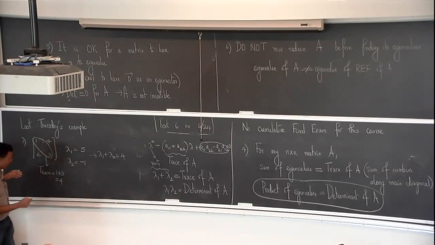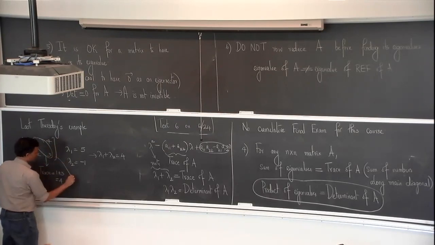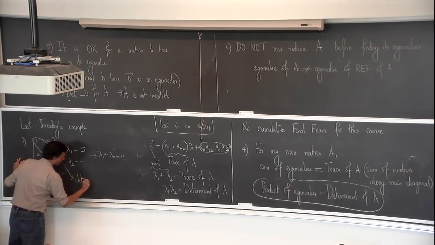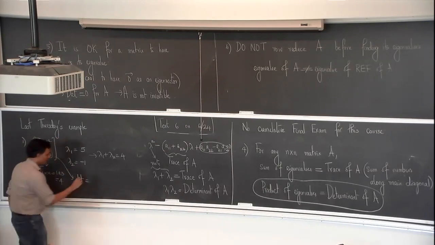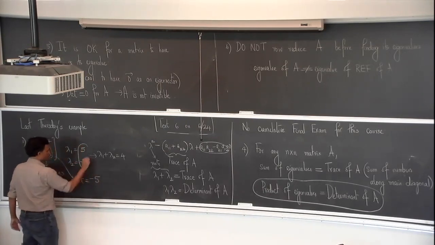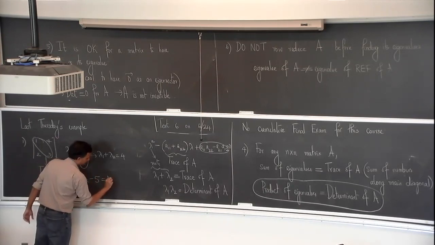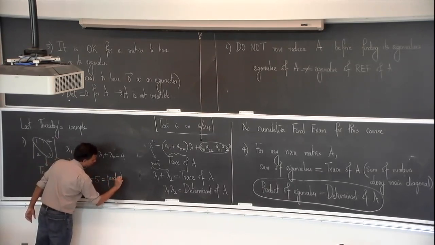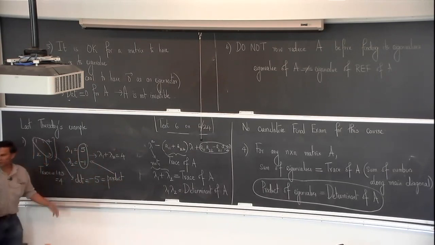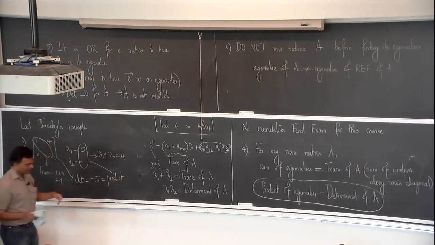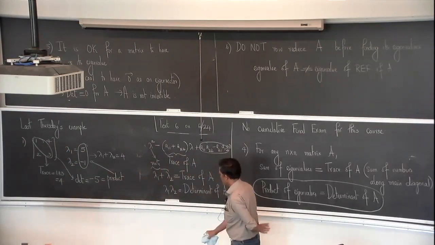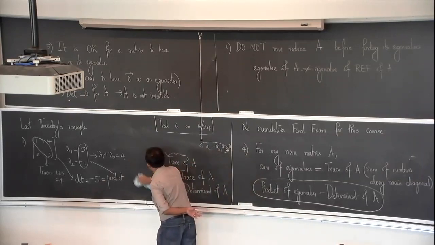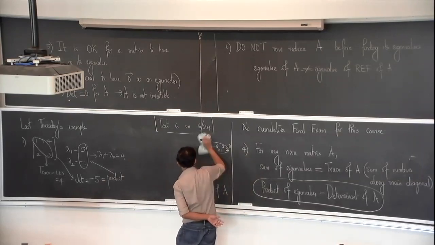For a 2 by 2, it's not too bad. So the determinant of this is 3 minus 8, which is -5. The product of these 2 numbers is also -5. So for a 2 by 2, it's a pretty simple check. For a 3 by 3, finding the determinant may not always be a time efficient thing to do, but it's worth doing if you are not sure of your answer.